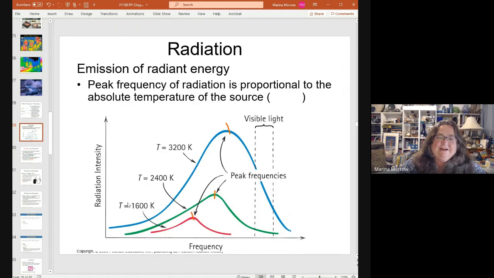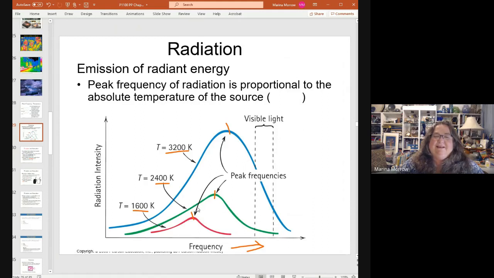So the red line is 1600 Kelvin, and the green line is 2400 Kelvin, the blue line is 3200 Kelvin. Now the red, the green, the blue are not the colors we're talking about. It's the frequencies of the light which is increasing. So frequencies of the electromagnetic wave.